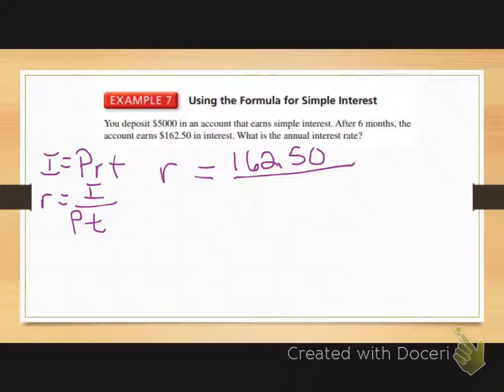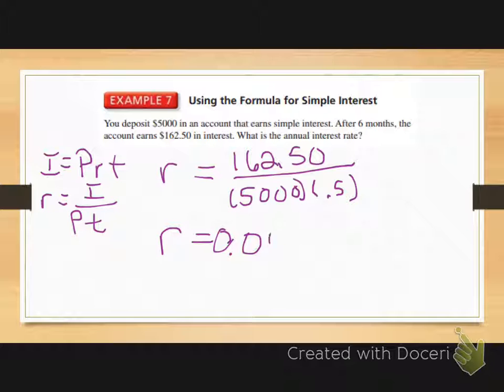And then we've got our principal amount, or the beginning amount, which is $5,000, times our time, which was half a year, so 0.5. Plug that in the calculator and you will find that your rate was 0.065, or that would be a 6.5% interest rate.